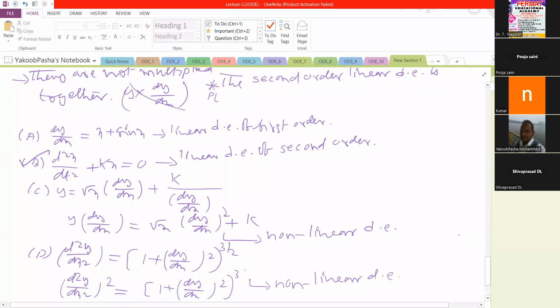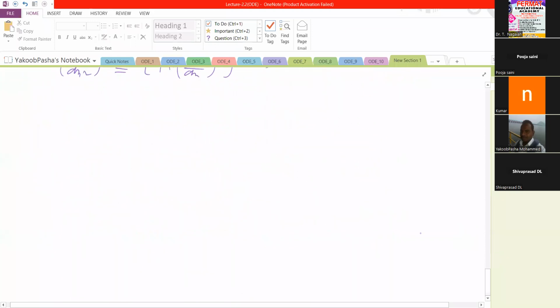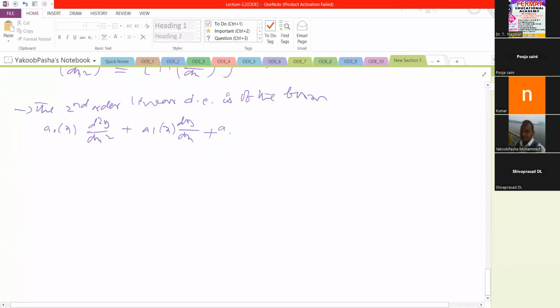Now we can write the second order linear differential equation. For example, the second order linear differential equation is of the form a0 of x into d square y by dx square plus a1 of x into dy by dx plus a2 of x into y is equal to b of x.